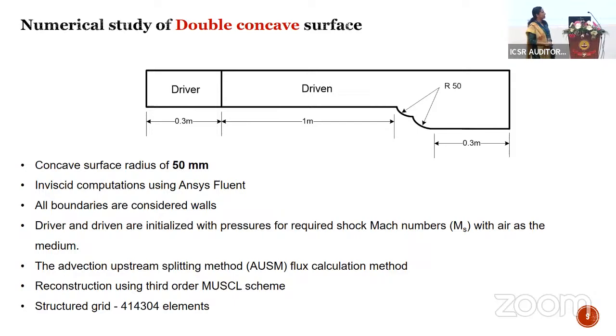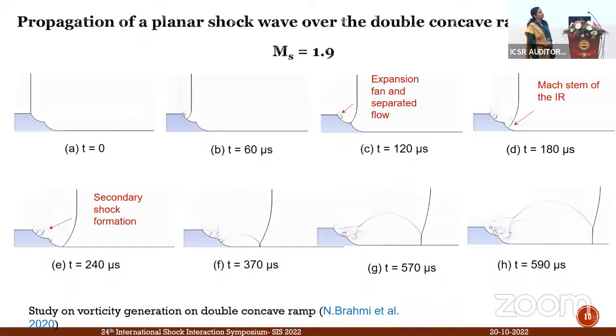Our study gave us different changes in the planar shock wave as well as the flow structures. We were mainly interested in what happens to this planar shock as it moves along the double concave surface. It is found that after the end of the first concave section itself, a small reflected shock or weak reflected wave formed.